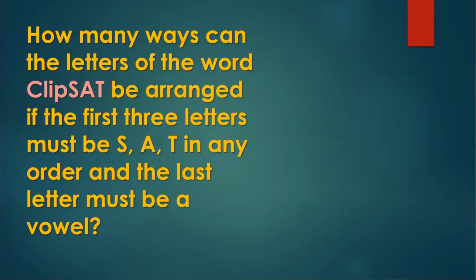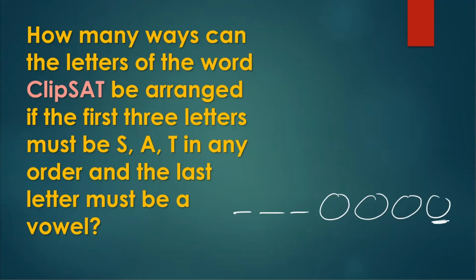So a vowel means I or A. But here I don't have any other letter than I, because S and A and T will already appear in the first places, and you are not allowed to repeat, because he said just arrange these letters. Okay, so you still have 7 places, but now this place also has a condition.